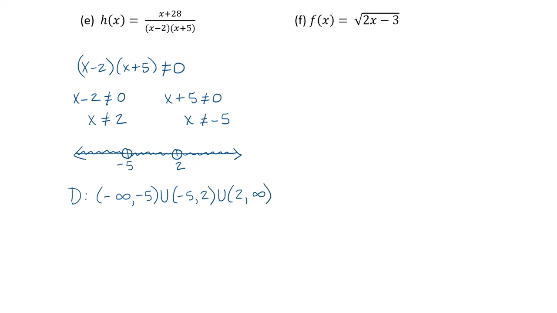Here at f of x, we have the square root of 2x minus 3. Well, I know that 2x minus 3 must be greater than or equal to 0 because I'm taking a square root, and I can only take square roots of positive numbers or square roots of 0. I solve that inequality.